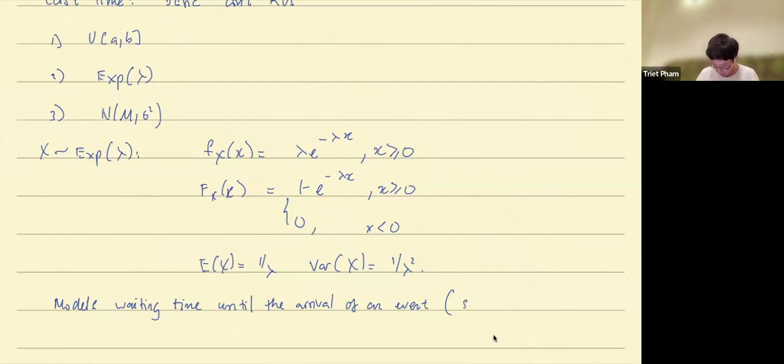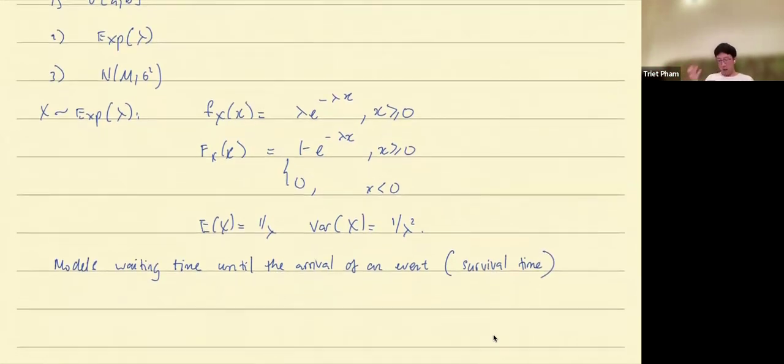So this is also survival time, because a lot of times the event you're looking at is the failure of something, but it could also be the arrival of customers at a store. So it's connected to the Poisson arrival model.